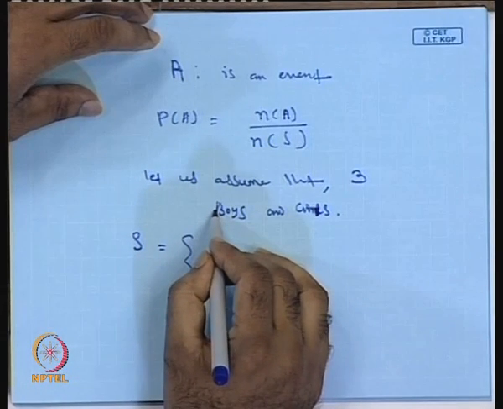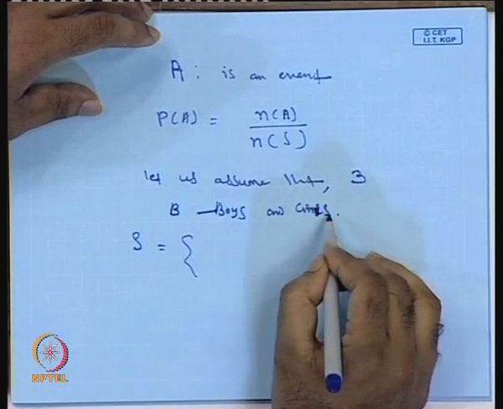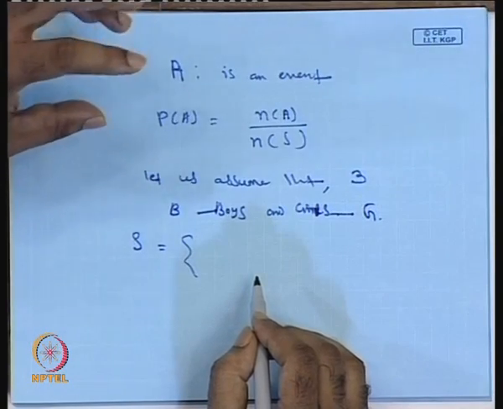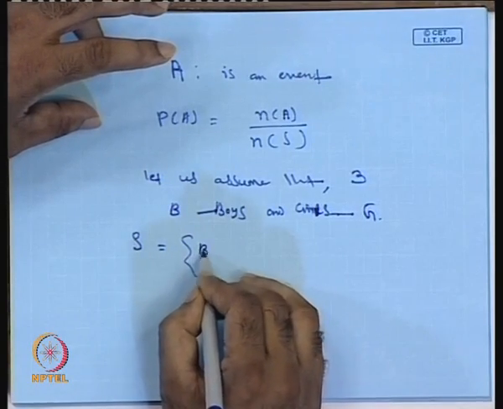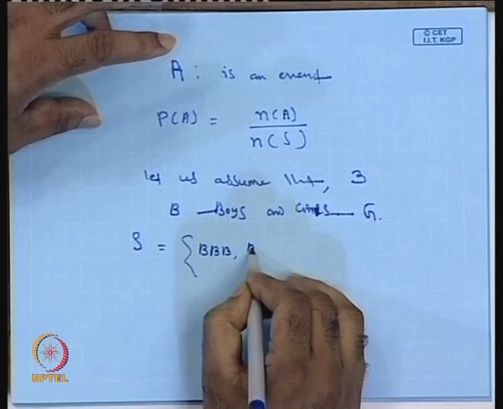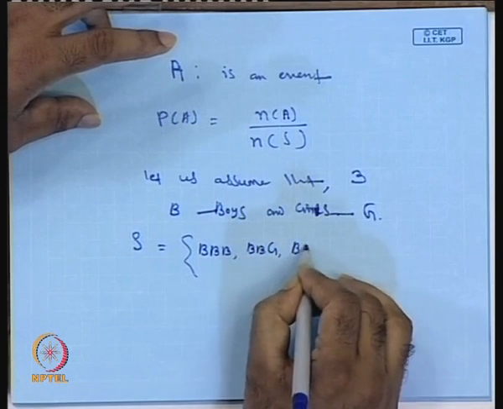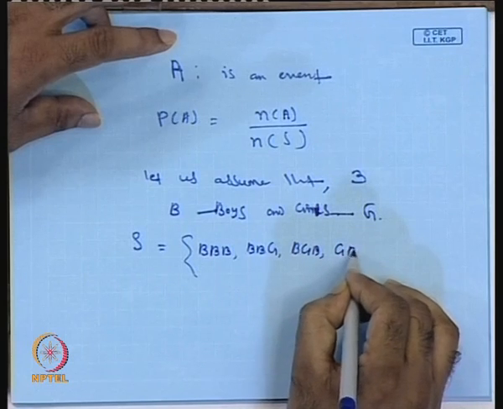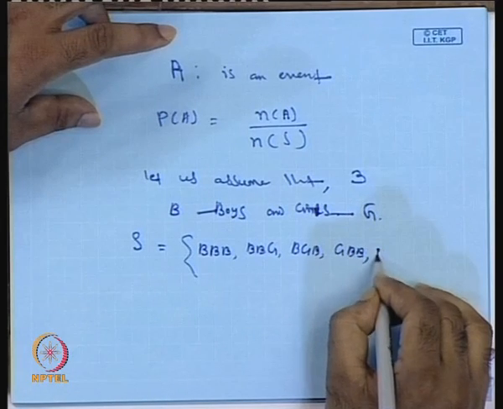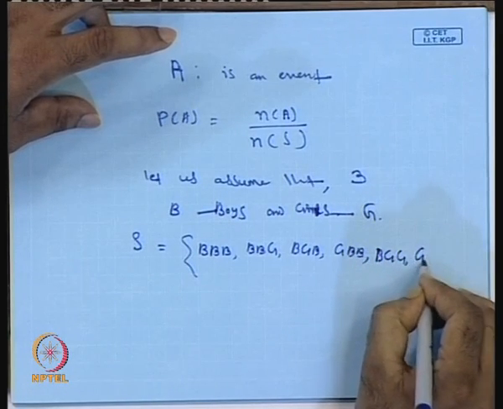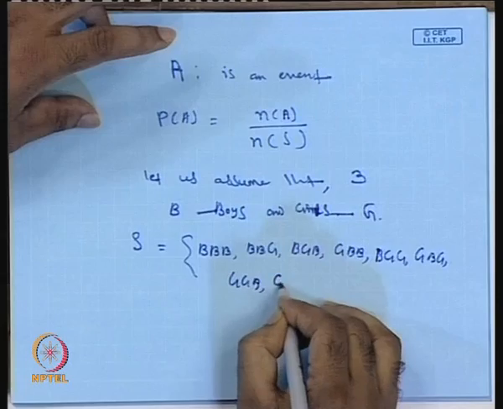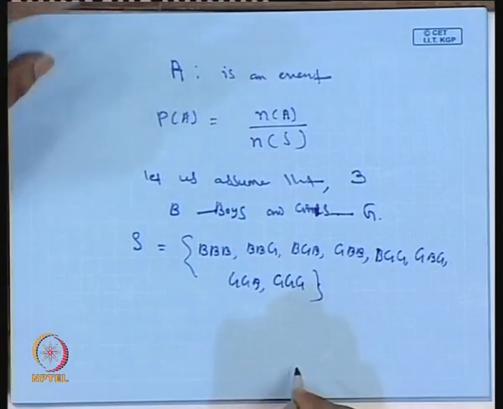Instead of boys I will write B, and instead of girls I will write G. Three particular situations can occur simultaneously. So, there may be different situations: B B B, that means no girls, then B B G, then B G B, then G B B. Then B G G, then G B G, then G G B, then G G G. Now this is the complete setup.